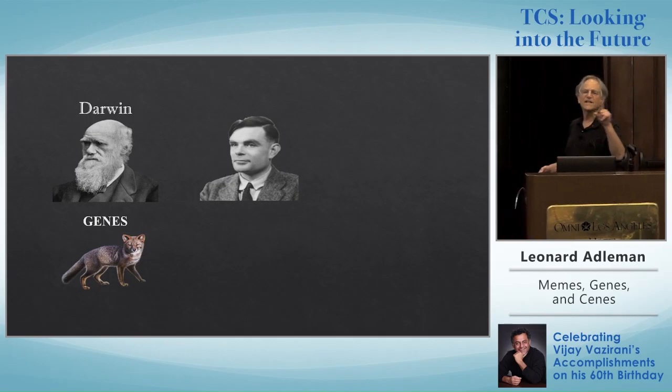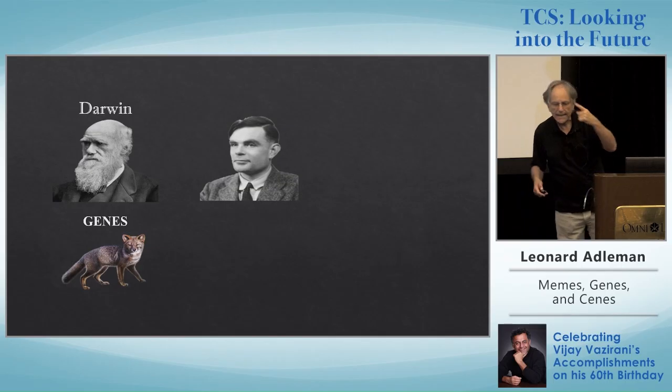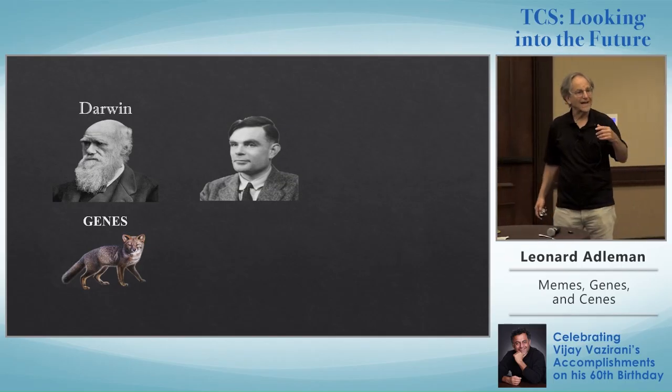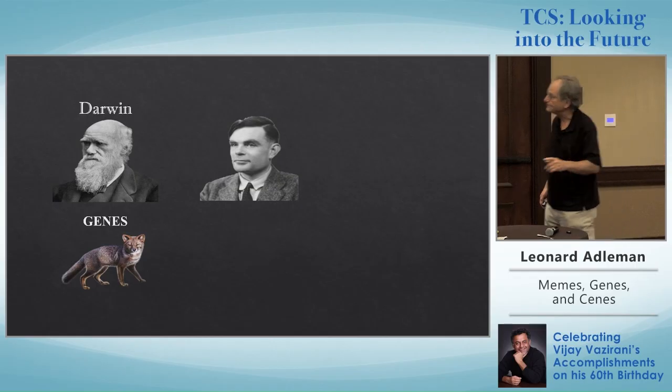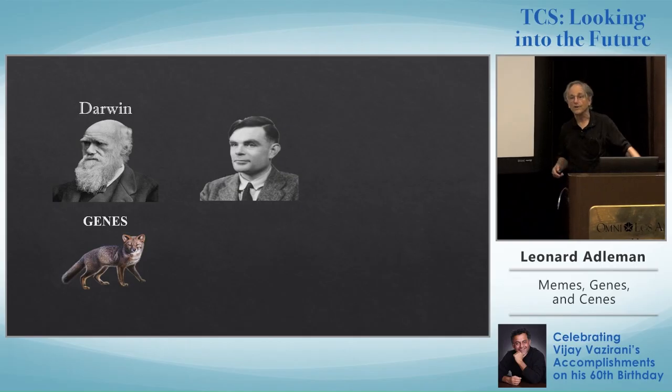In the 1950s, Stephen Kleene proved the recursion theorem. And when he published that, it was clear to anyone who cared about these things that computers could reproduce and they could evolve, all right?